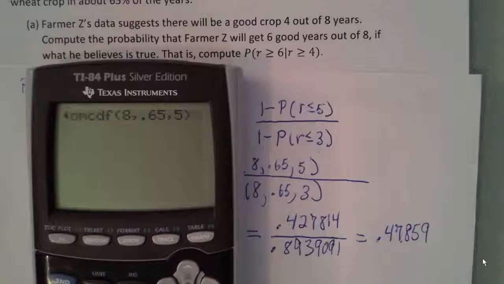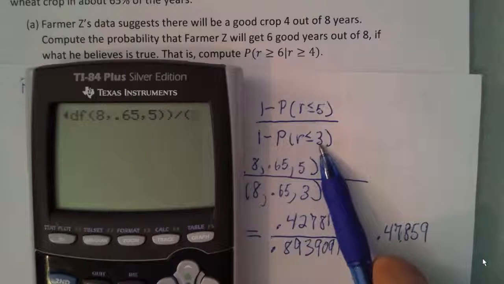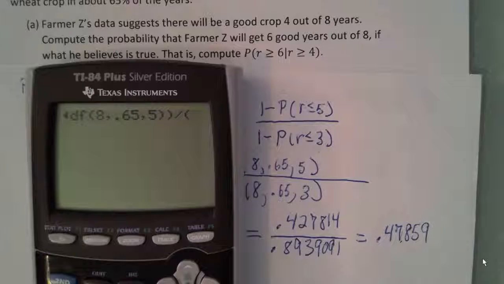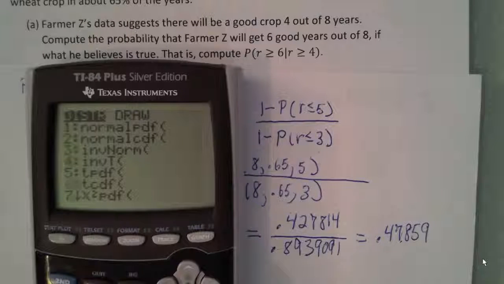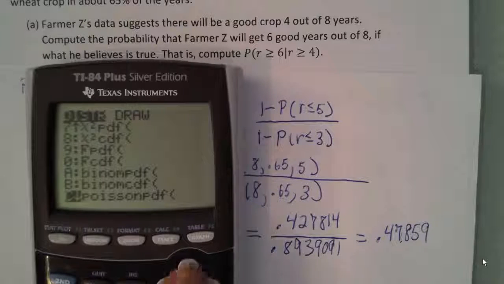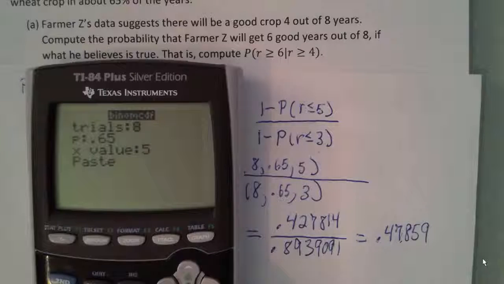Paste that in, close the parenthesis, divide by, and now I'm going to have another set of parentheses that have this denominator in it. So that is 1 minus second distribution binomial CDF, and everything is the same except I have 3 here.